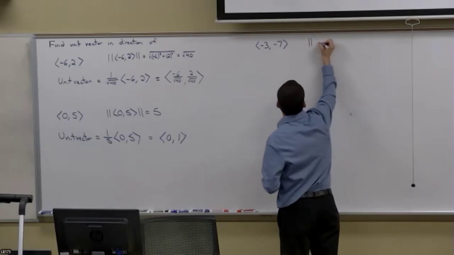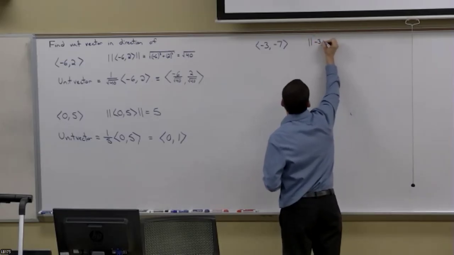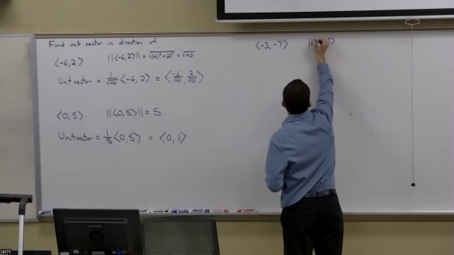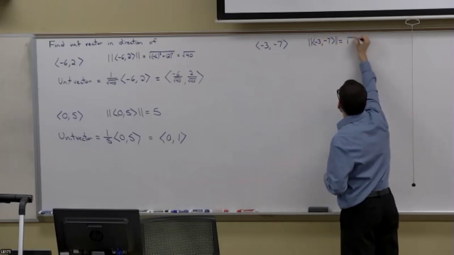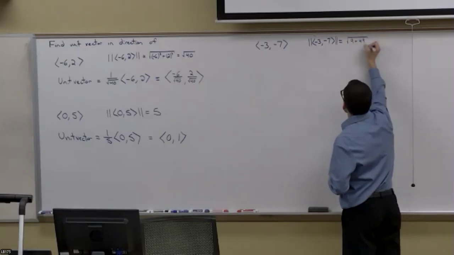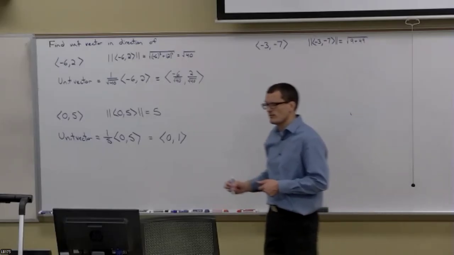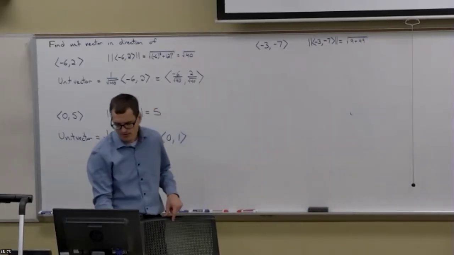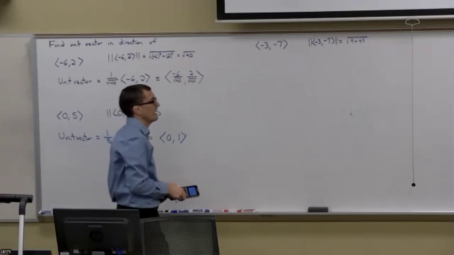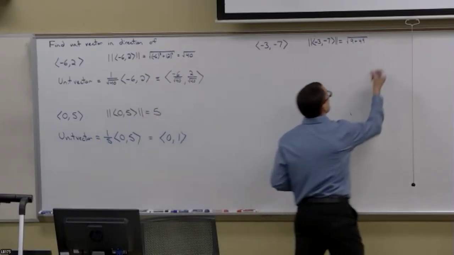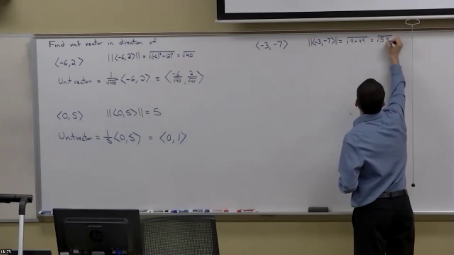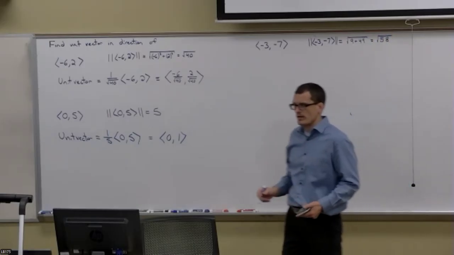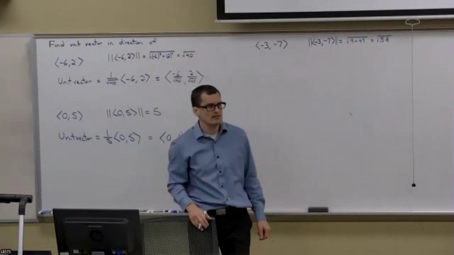Let's do that over here as well. Magnitude of -3, -7. Calculate that first. Square root of 9 plus 49, when I square -3 and square -7. 9 plus 49 is 58. So we get square root of 58. That's not a perfect square, so I'm not going to simplify it.